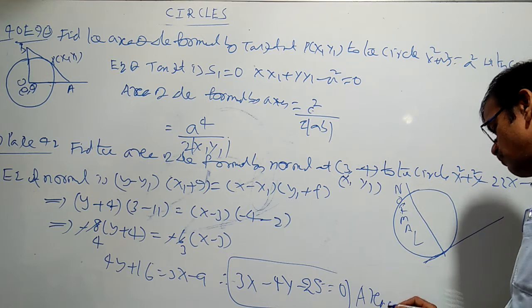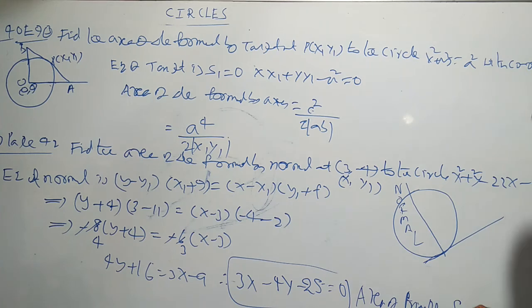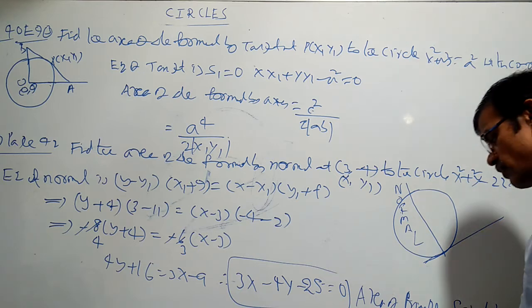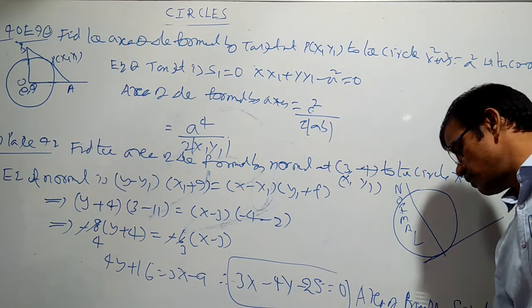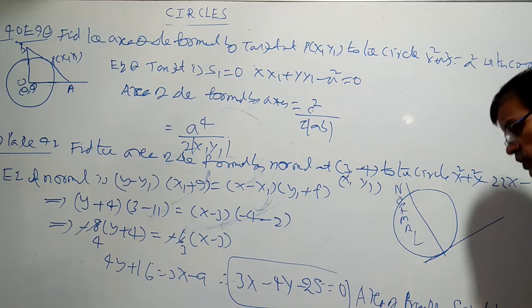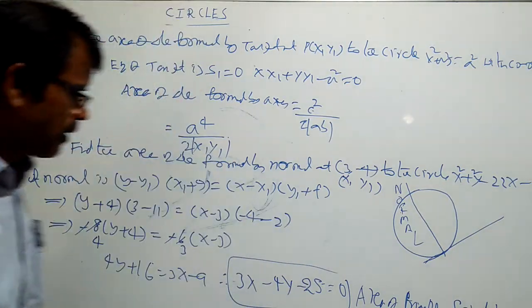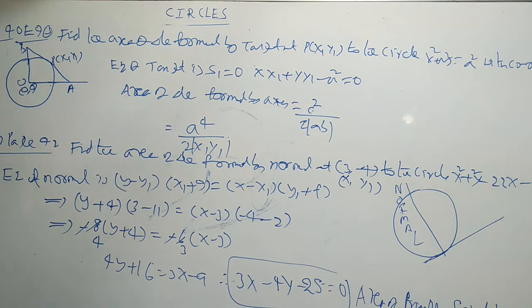Area of the triangle formed by the coordinate axes. The formula is c square by 2 mod ab. So what is c square here? 25 whole square becomes 625, and 2 times 3 is 6, 6 times 4 is 24. 625 by 24 directly you can put there.